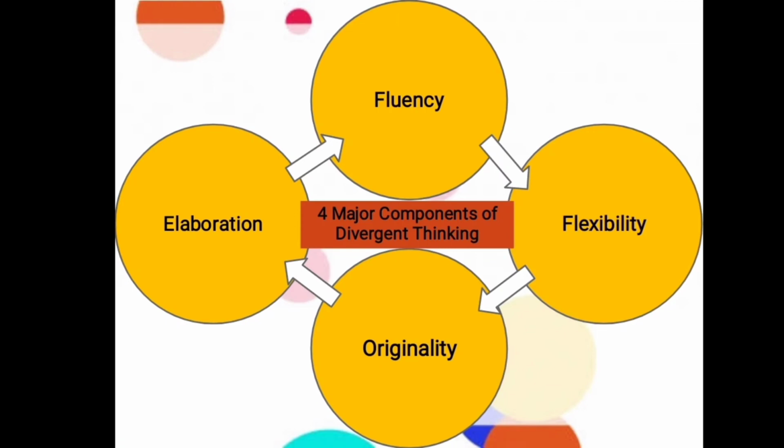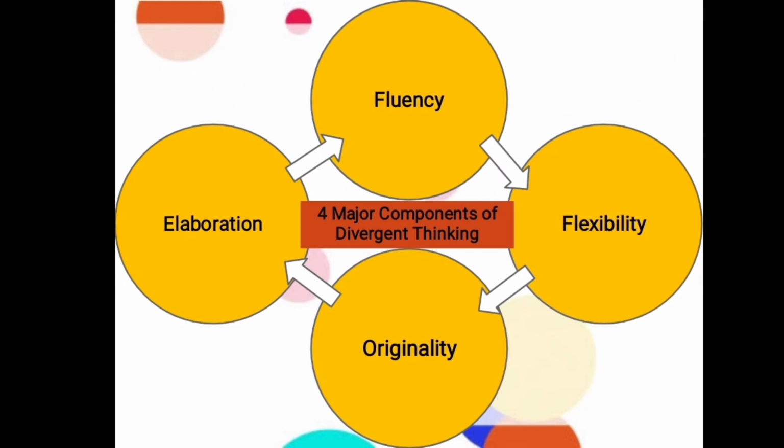Flexibility is the number of conceptual categories, and originality is the aspect of created or invented works and is about statistical frequency of responses related to the task compared with original ideas. And elaboration is the ability to expand on an idea with details and the ability to create an integrated plan.